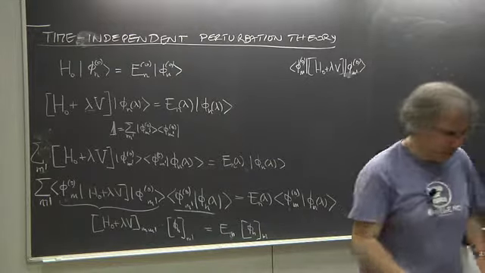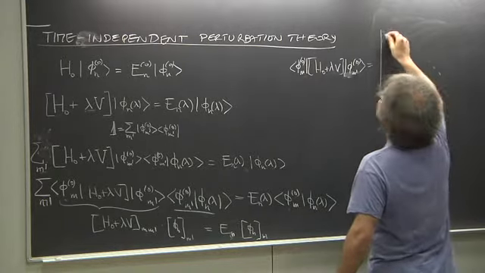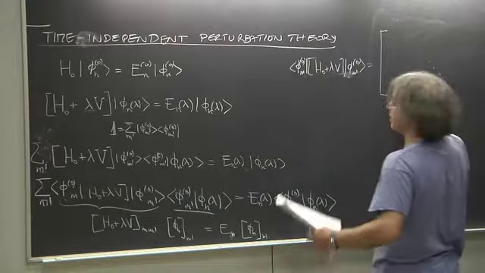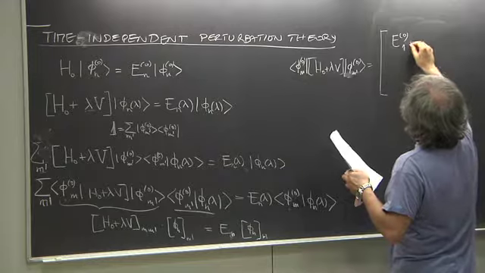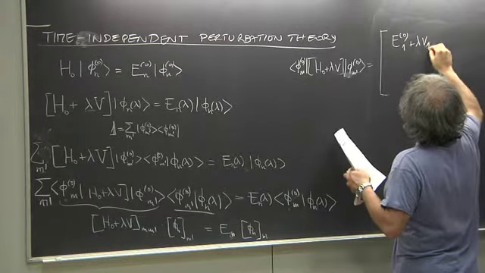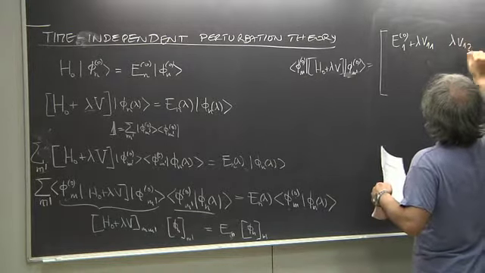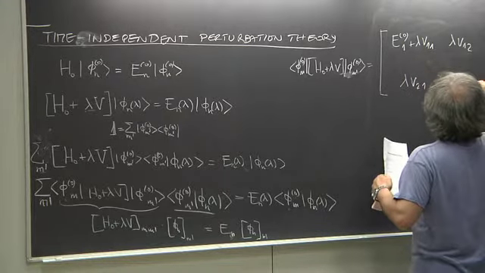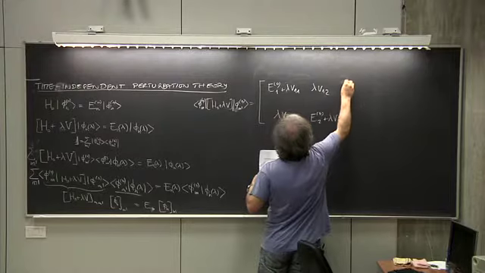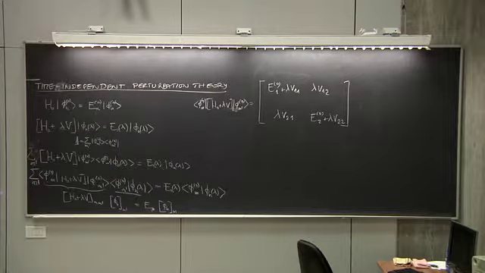So the matrix that I was talking about before now is something like E01 plus lambda V11, then I have lambda V12, lambda V21, E02 plus lambda V22. So this will be our warm-up exercise. Rather than diagonalizing the infinite huge matrix, we do it 2 by 2.